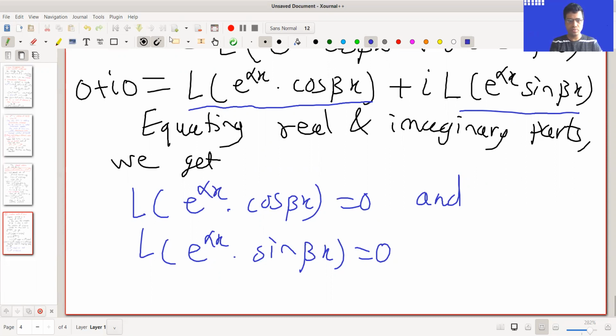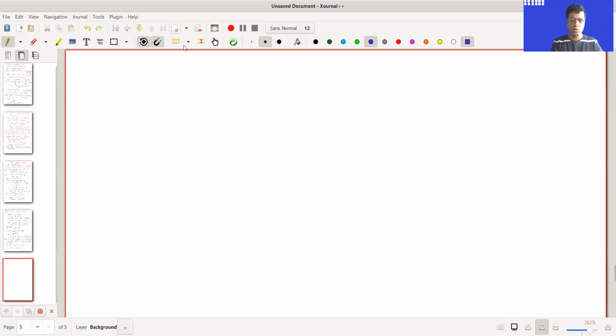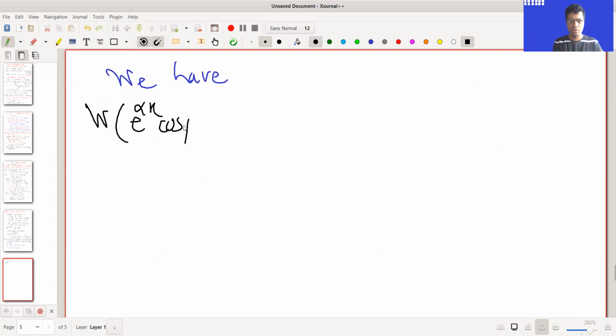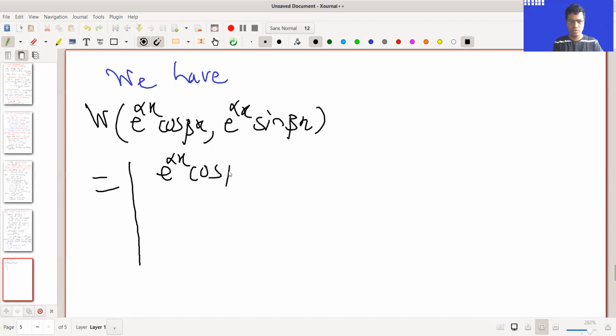So to prove that these are linearly independent, we can find the Wronskian. We have the Wronskian of these two functions, e raised to alpha x cos beta x, e raised to alpha x sin beta x, equal to the determinant. First row is these two functions, e raised to alpha x cos beta x, e raised to alpha x sin beta x.